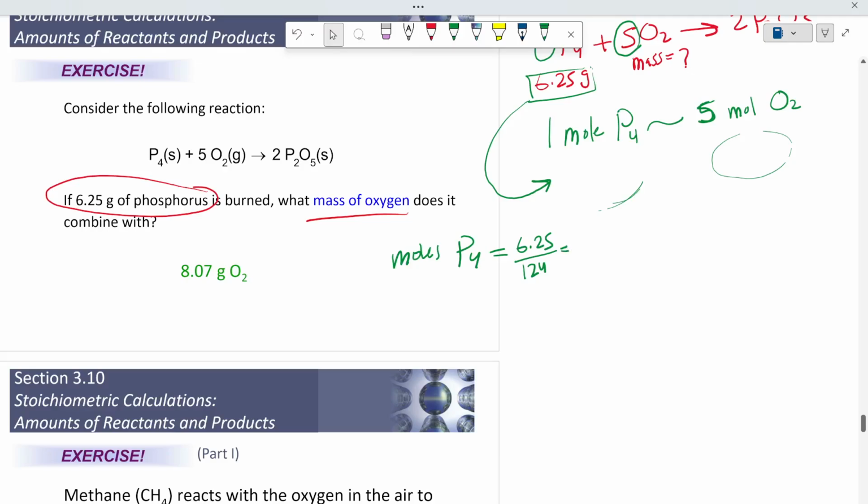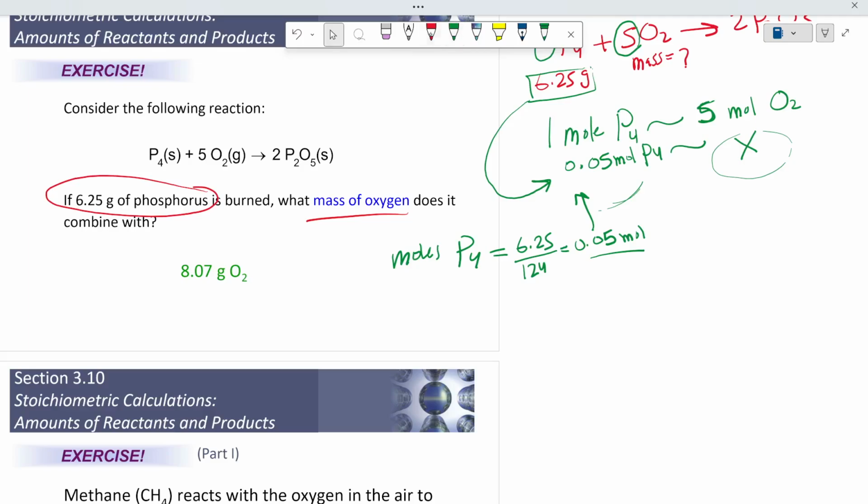The answer is 0.05 mole. Now we can substitute this value here because the unit is mole and in the ratio we have mole. So here is 0.05 mole of P4 and here we have X.